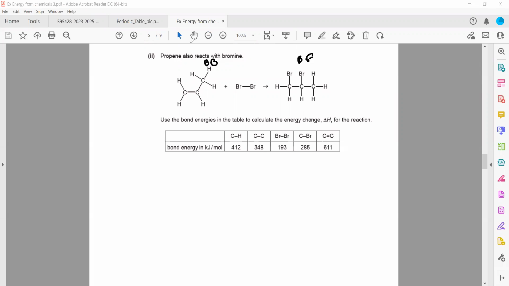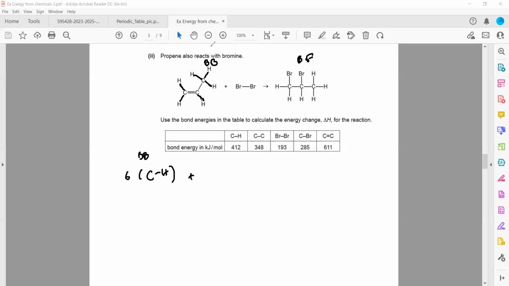So identify the bonds which you are breaking. The common bonds, like 1 CH, 2 CH, 3 CH, 4 CH, 5 CH, and 6 CH bonds are there. So there are 6 CH bonds on the bond breaking side.